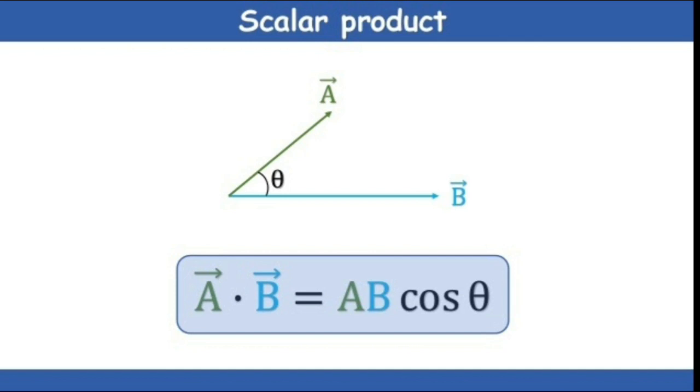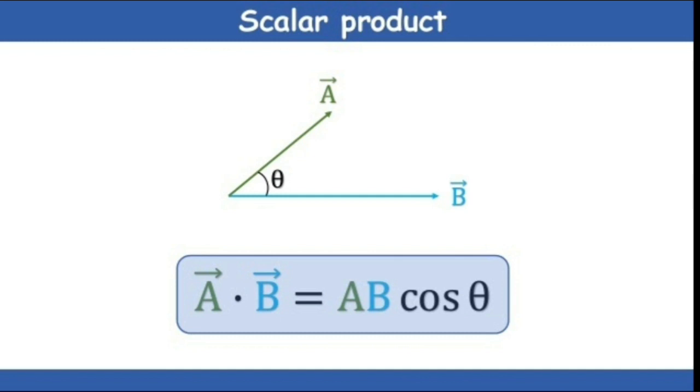So we consider two vectors, vector A and vector B, as shown in the figure. Here theta is the angle between the two vectors. As the name suggests, scalar product, the product of the two vectors will be a scalar quantity, and it is given by vector A dot vector B is equal to AB cos theta, where A and B are the magnitudes of the two vectors, vector A and vector B, and theta is the angle between the two vectors.